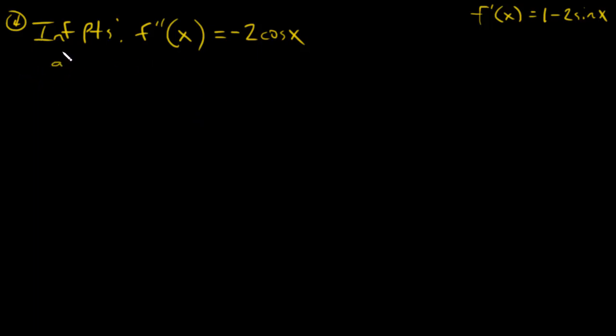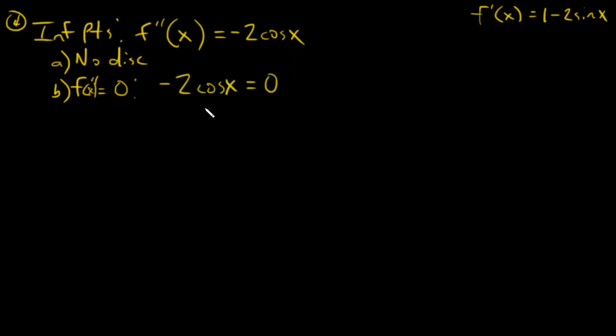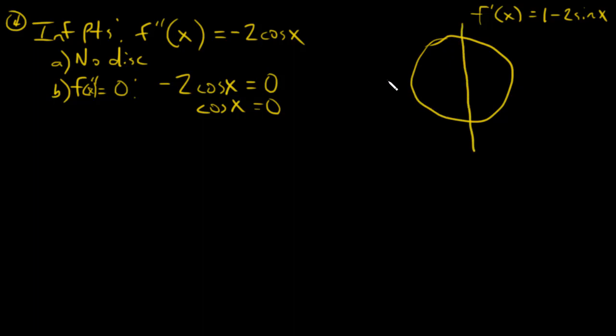So, any discontinuities? No, no discontinuities. Cosine is always continuous. Part B, f double prime equals 0. Well, that implies that negative 2 cosine x equals 0. Divide both sides by negative 2. Cosine x equals 0. So we're going to go back to our unit circle, and cosine is the x value.